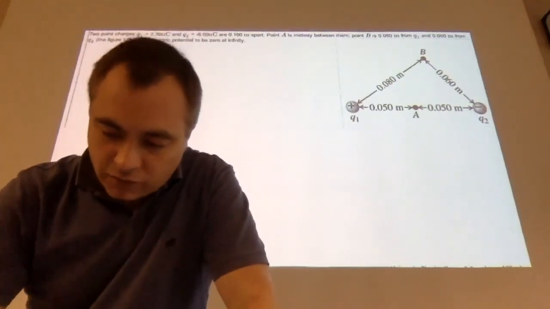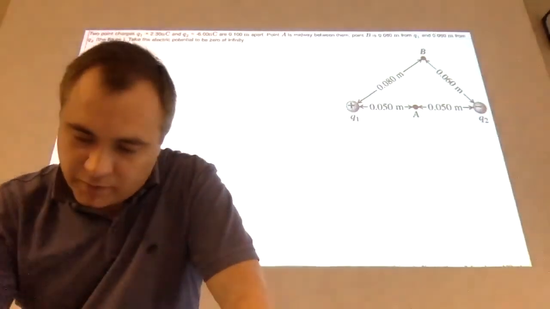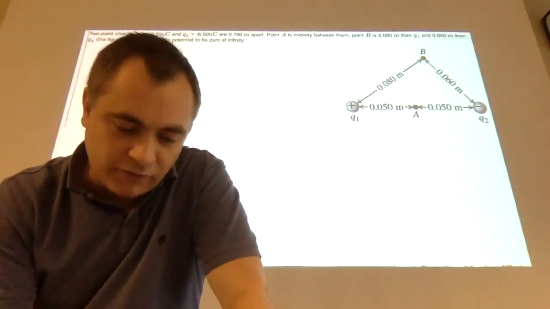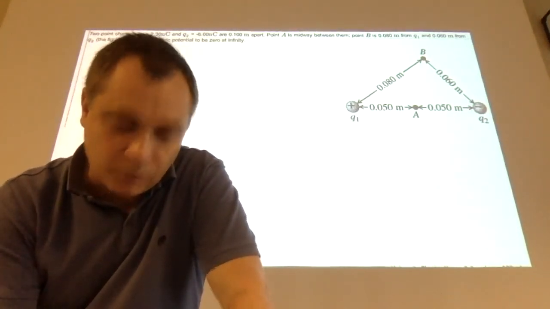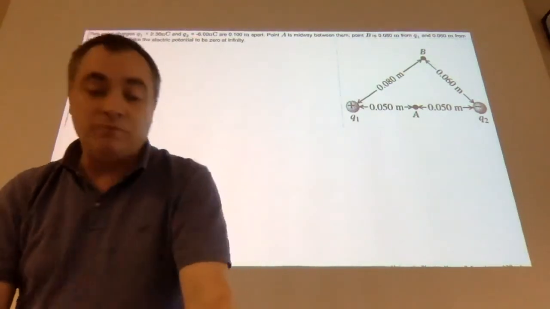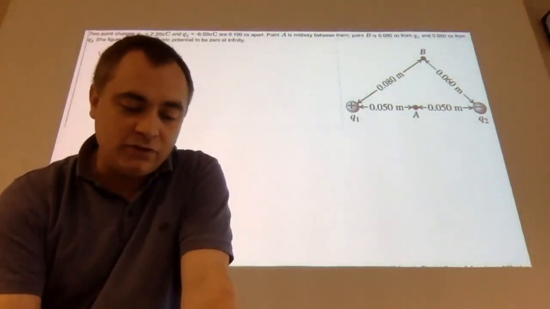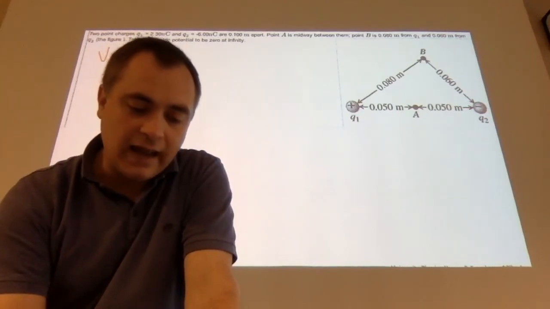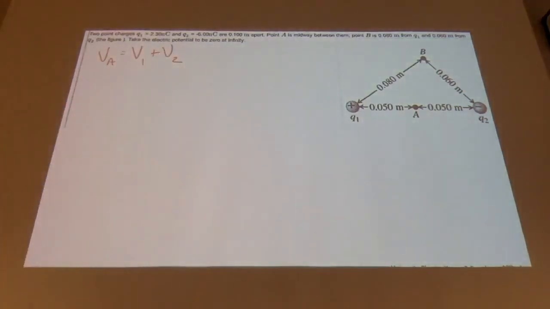So let me scroll forward to make sure I have all the right answers in front of me, because that's just nice to have, okay? If I want to find the electric potential at point A that's coming from point charges, all I have to do is find the electric potential from charge 1 and add it to the electric potential from charge 2. No vector considerations at all.